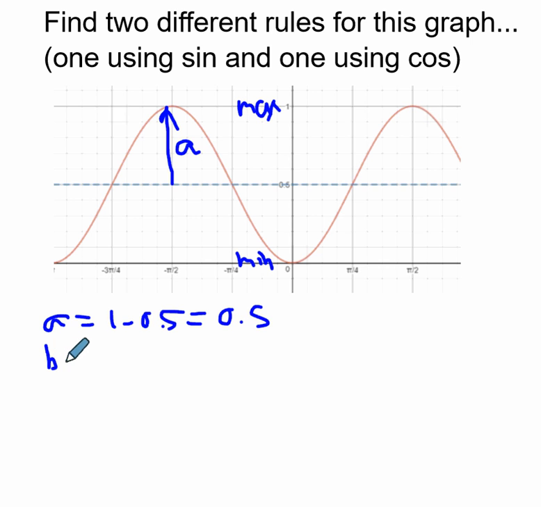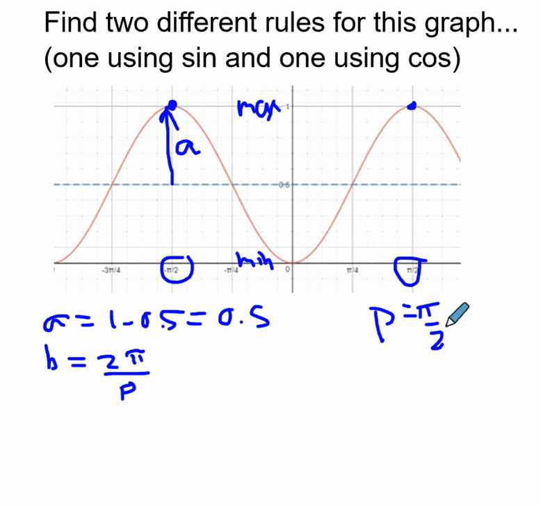To find your b, you need 2 pi over the period. The period here is from this point to this point, for example. That's I find the easiest. So from pi over 2 to negative pi over 2. So you can do pi over 2 minus negative pi over 2.